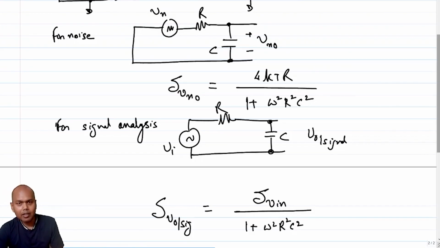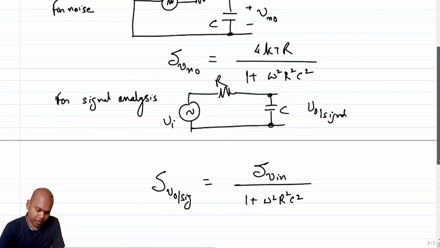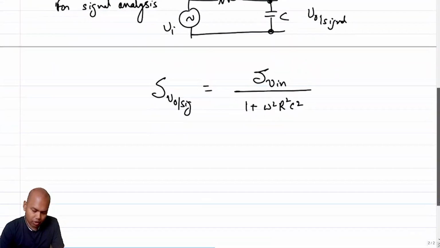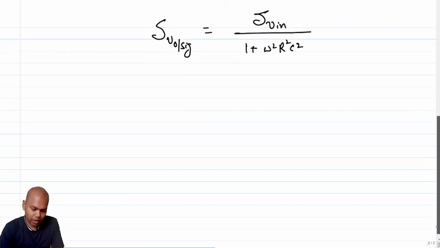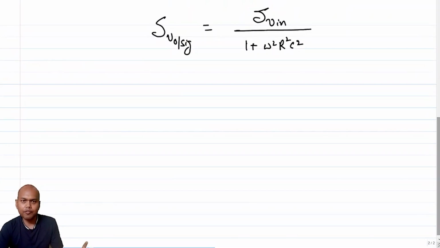So what is a better metric to characterize two circuits with respect to noise performance? A better metric is not to only analyze noise, but to analyze noise in the presence of the same signal strength. In other words, we are looking for the ratio of signal and noise, right?